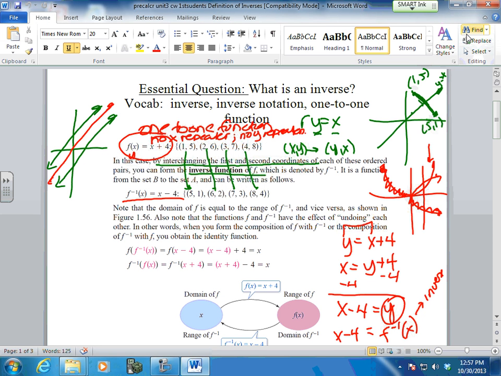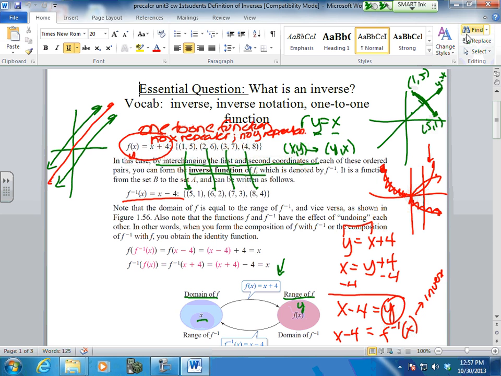Now, the next part about this is also this one right here. Here's my f function and my range of my x function. My domain is my x's. My range is my y's. When I swap them, interchange them, my domain now becomes this guy's range. And this will swap around to here.